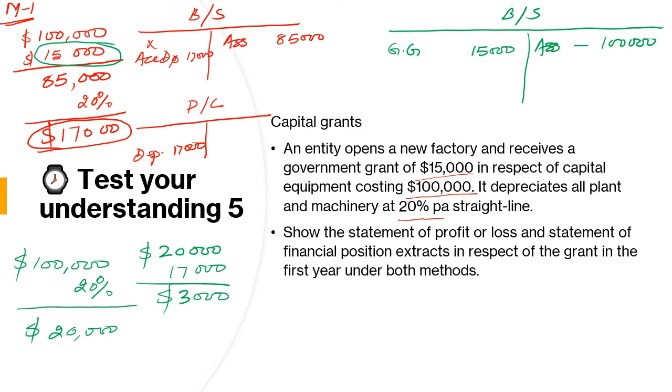At the end of year, you have to deduct this extra depreciation, so less 3,000 at the end of year. And in profit and loss account, in credit side, we will charge depreciation with 20,000. So depreciation will be 20,000 in credit side.